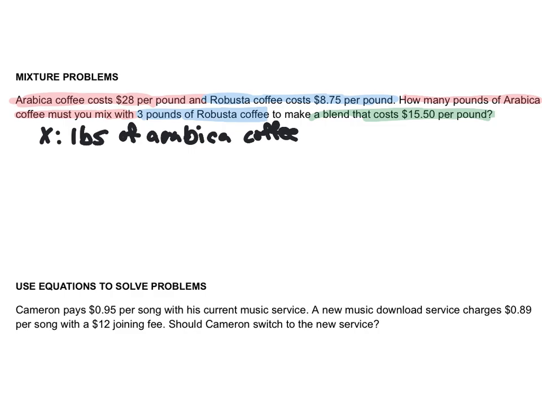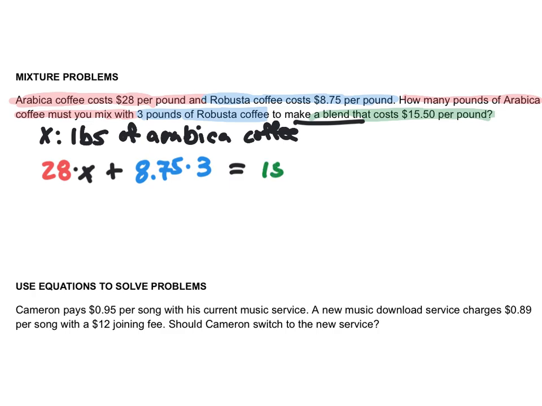So what I can do is take $28 times x, plus, let's do $8.75 times 3 pounds, and that's going to be equal to a blend that costs $15.50 per pound.